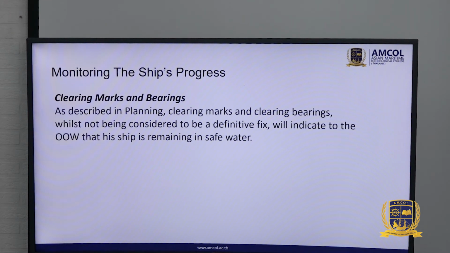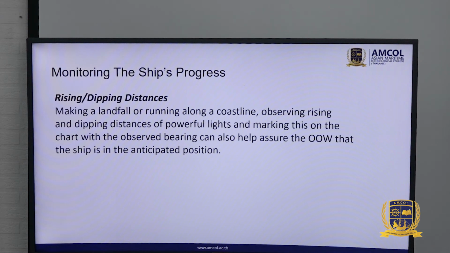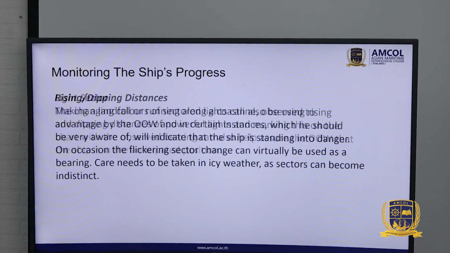Clearing marks, that means at a certain bearing, if the light turns green or red, it indicates that you are clear of the danger. Rising and dipping distances, which we already mentioned, is the maximum distance, or the first time when you see the light and the last time when you see the light, and this will depend on the height of your ship, height of eye.